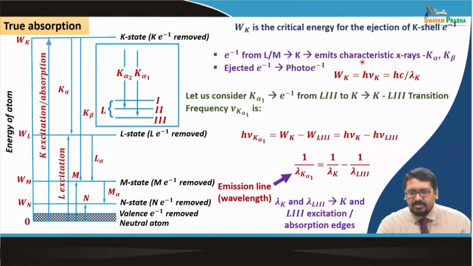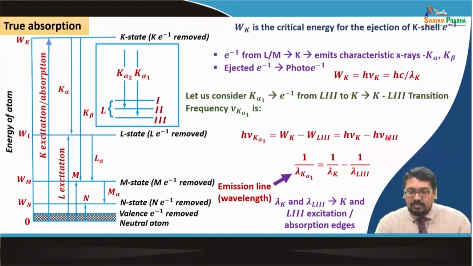So, using this equation, the energy of that radiation is h times mu k alpha 1, and this energy corresponds to Wk minus WL3, right. So, Wk minus WL3 is equal to h mu k minus h mu L3, right.